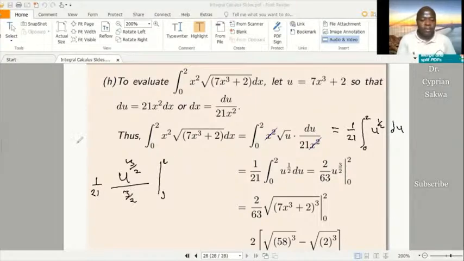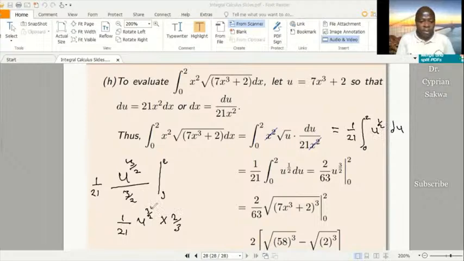If I were to do it in a simple way, this is just 1 over 21 times u raised to 3 over 2 divided by 3 over 2. And when I say divide by 3 over 2, it's the same as saying times 2 over 3. So you can now see how I got 2 over 63: 3 times 21 is 63, and 2 times 1 is 2. And this remains.